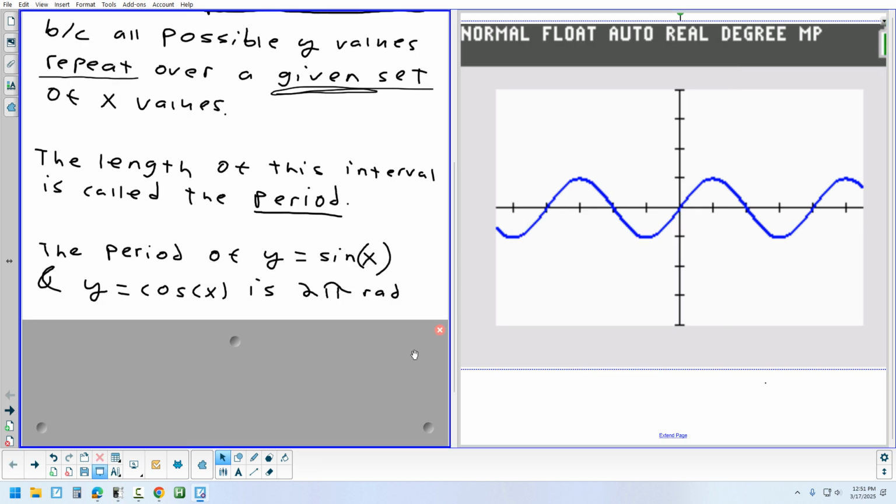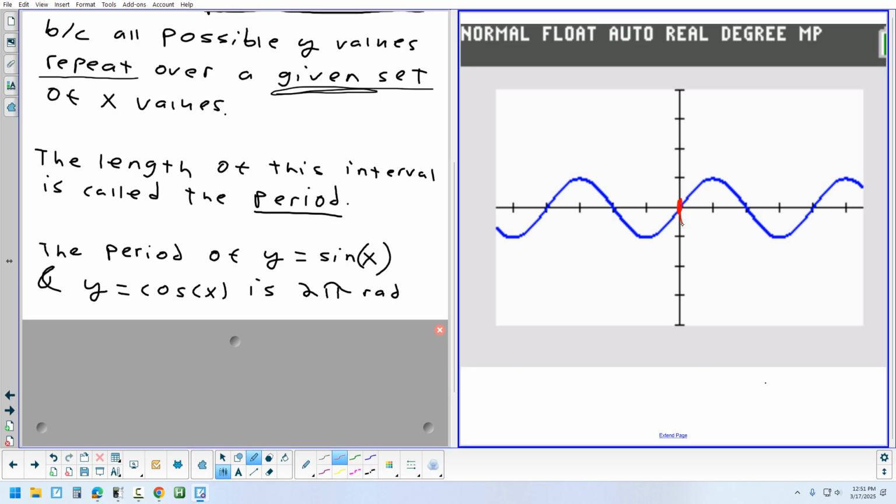So what if you don't stretch or compress it at all? You just leave it the way it is. What is the distance from here to here? If you count the tick marks, it's 1, 2, 3, 4 tick marks, but each tick mark is not 1 in degrees.